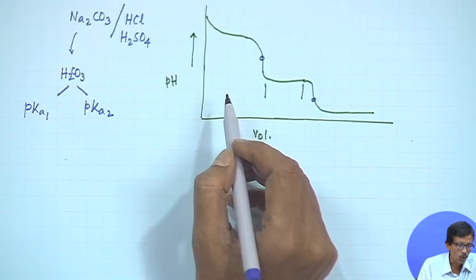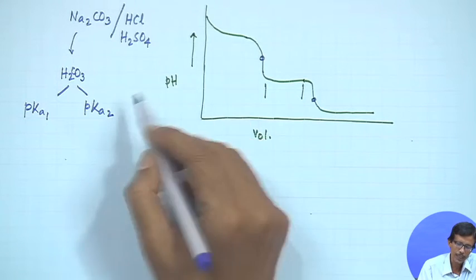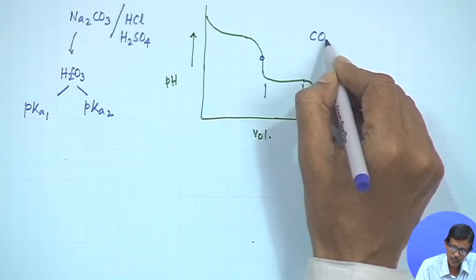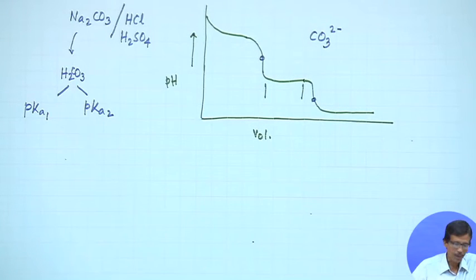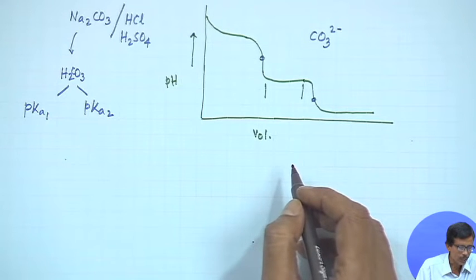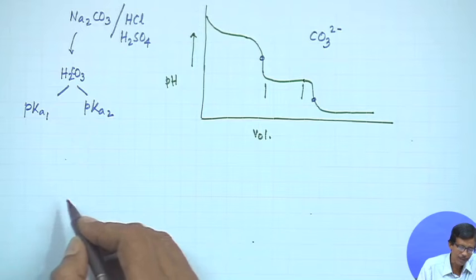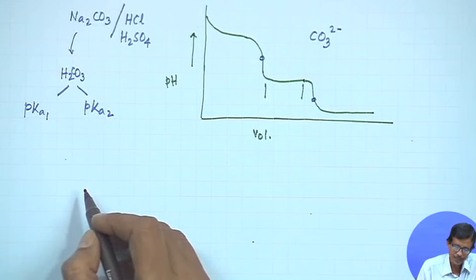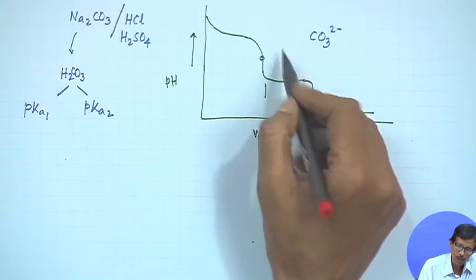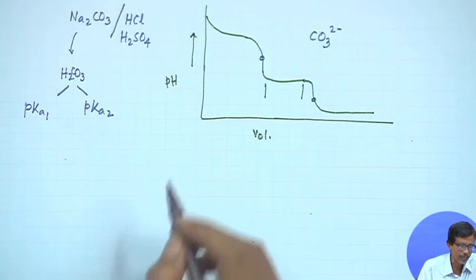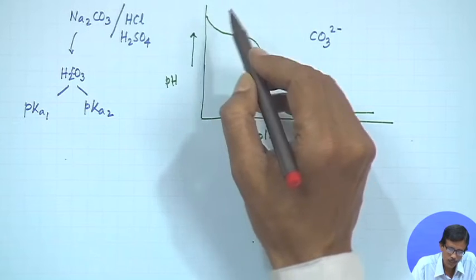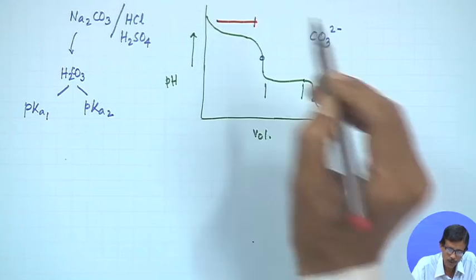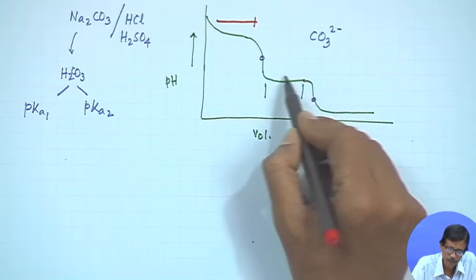When we go for this determination or the titration of carbonate ion, this particular titration is a very useful one, and we can consider a corresponding titration for any such diprotic acid like this carbonic acid or any other organic acid. During this process, one such equilibrium will be there for the horizontal portions.